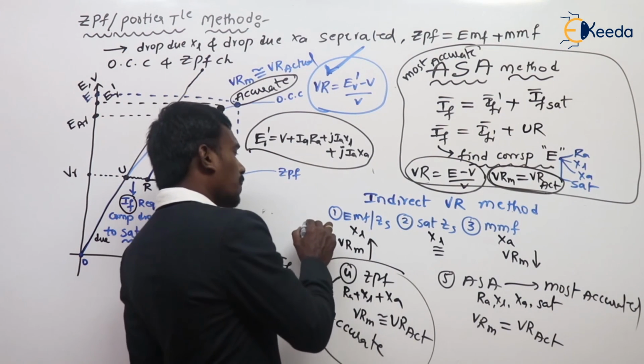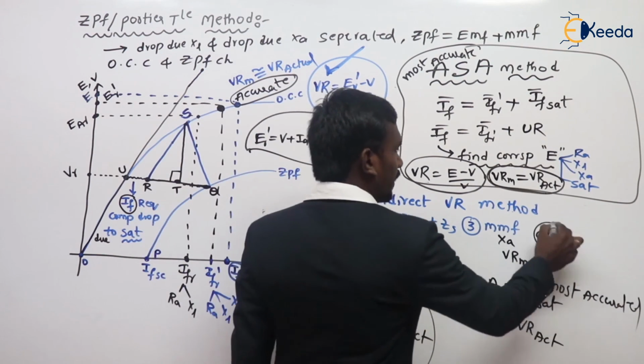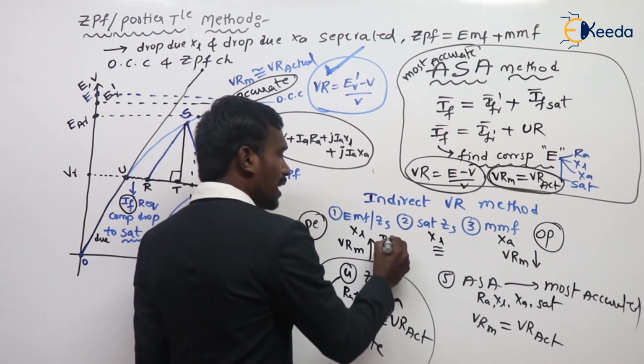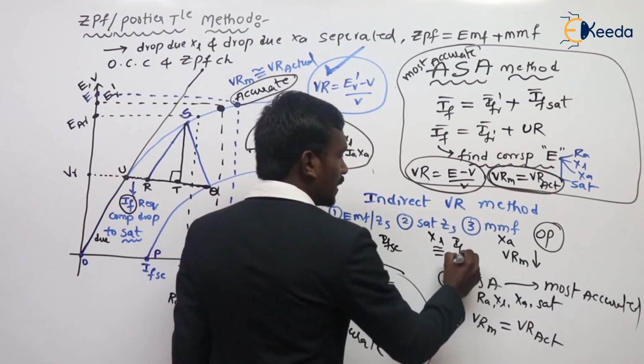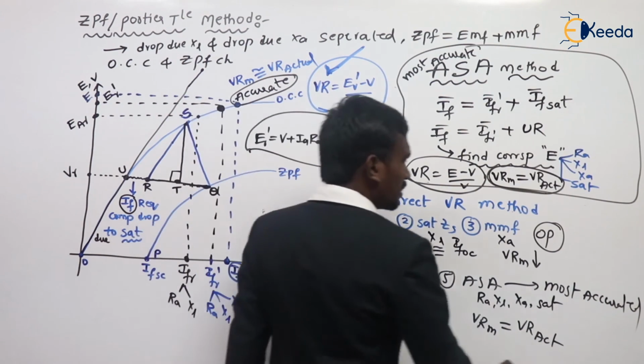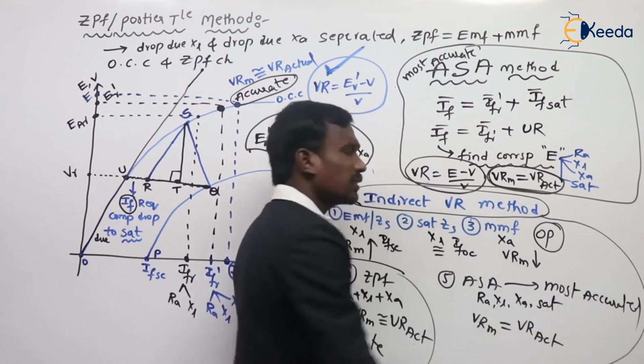This is called the pessimistic method and this is called the optimistic method. The difference between these two is that this belongs to I of SC and this belongs to I of OC. Like that, the indirect voltage regulation methods are very simple.